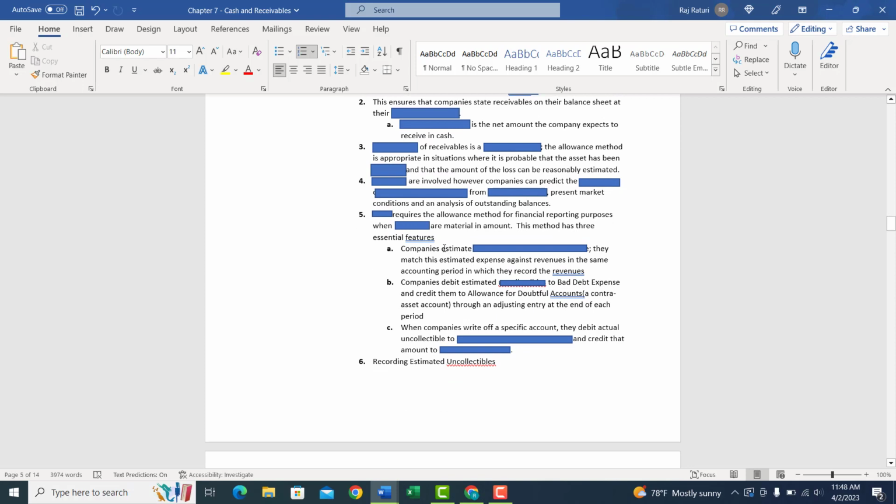GAAP requires the allowance method for financial reporting purposes. I mean, basically, whenever you have an accounts receivable that is immaterial, you don't need it.